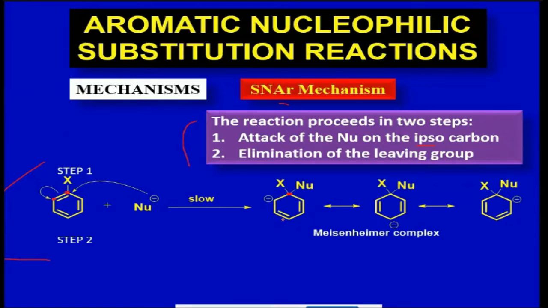In the previous case, we saw that we have that sigma complex, which has a positive charge inside the ring, in which the double bond is involved in conjugation with an empty p orbital. But here it is involved with a filled p orbital.